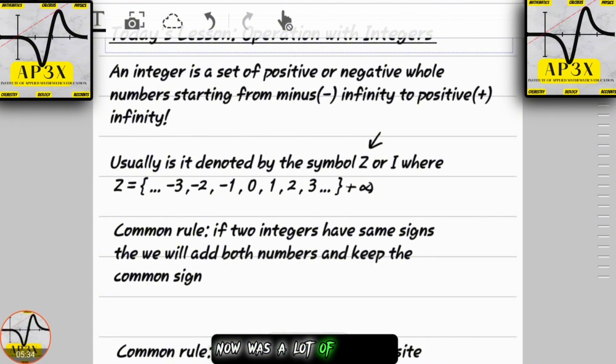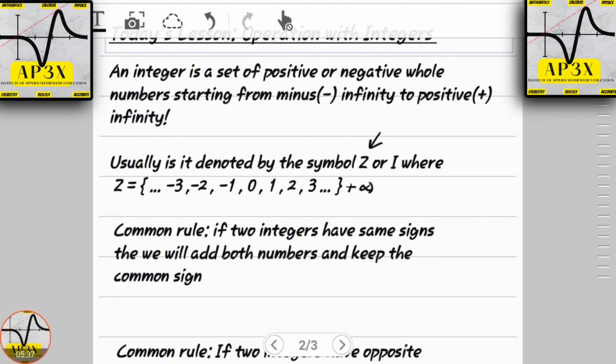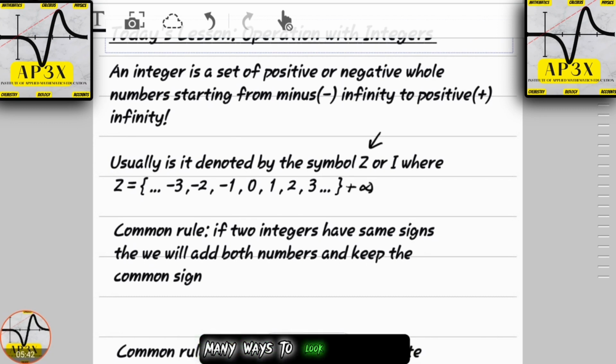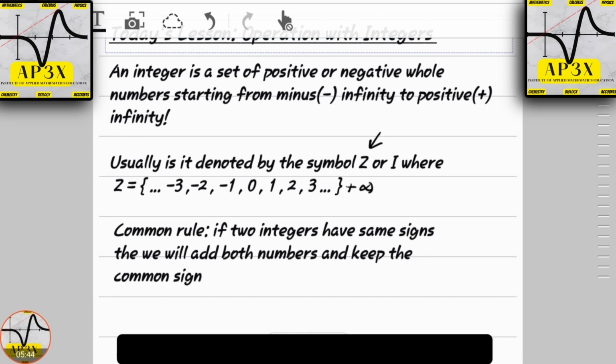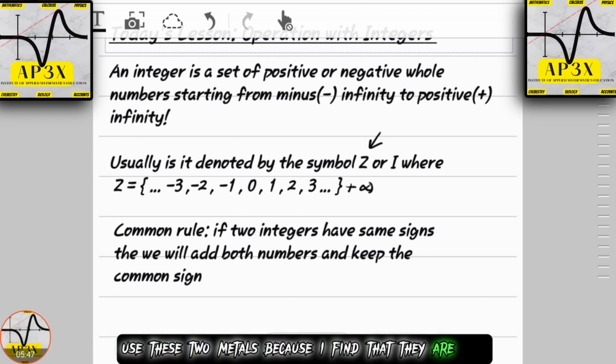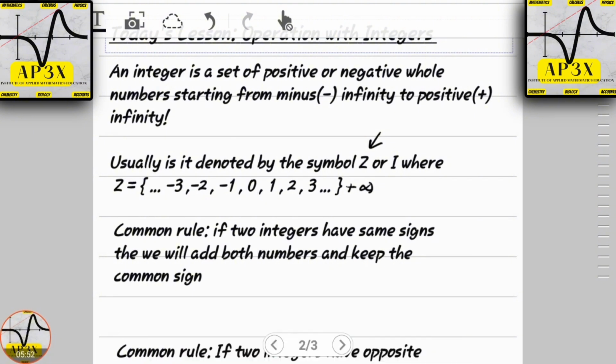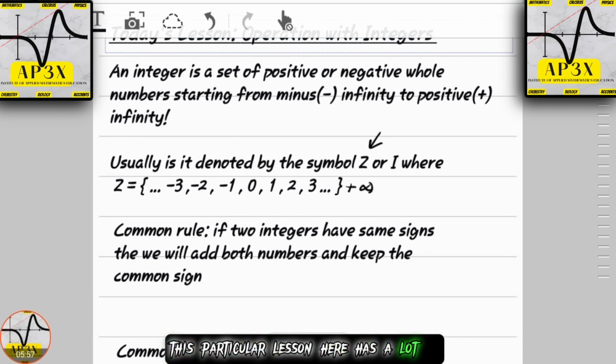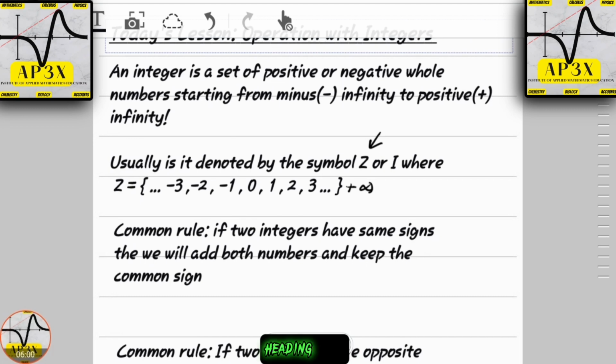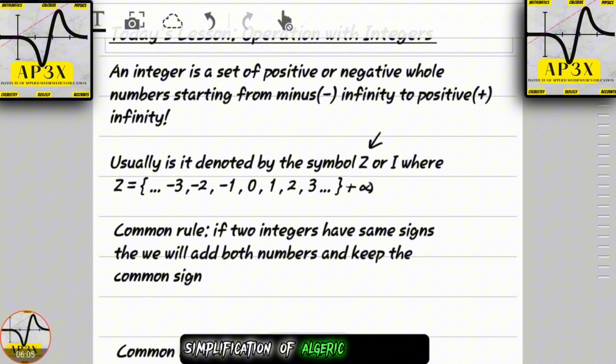Whilst a lot of higher level students watching this video would say, hey, there are many ways to look at integers, I choose to use these two methods because I find that they are very, very effective at this level and can also be very effective as you go higher and higher up. This particular lesson has a lot of advantages when it comes to heading into various aspects of math, such as simplification of algebraic expressions, multiplication and or division, addition and or subtraction.